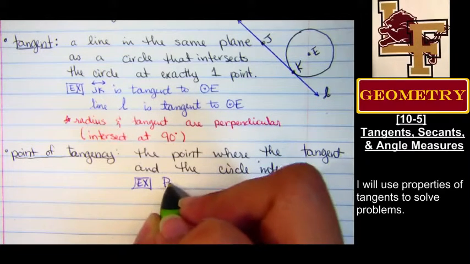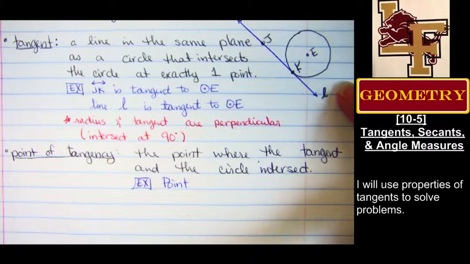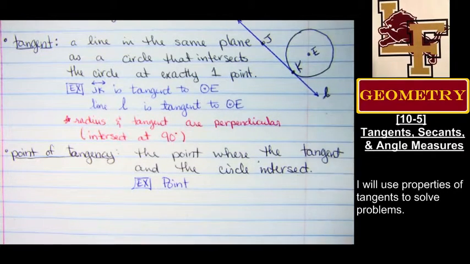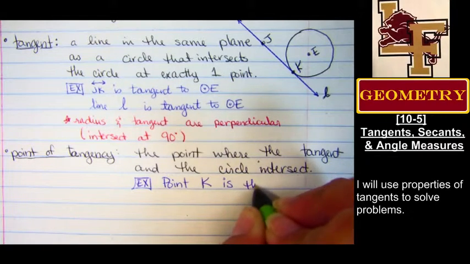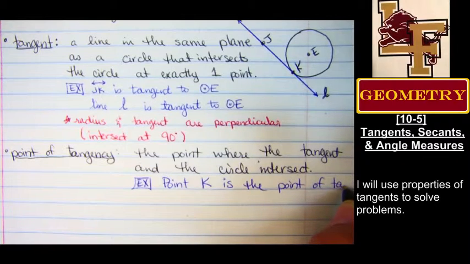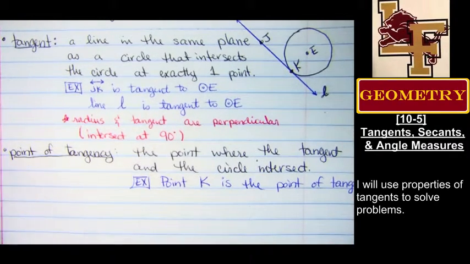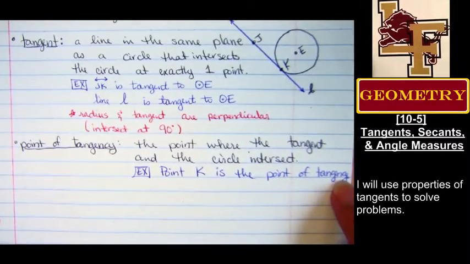What is the name of the point of tangency in the figure that we drew together? K. Very good. So point K is the point of tangency. Lovely work. That says tangency. I ran out of room.